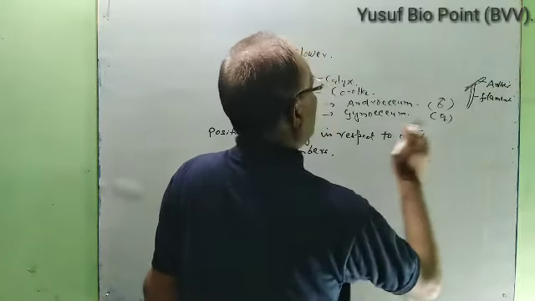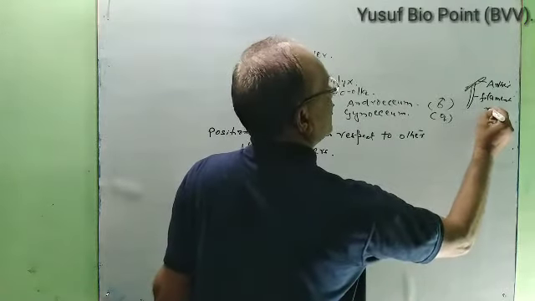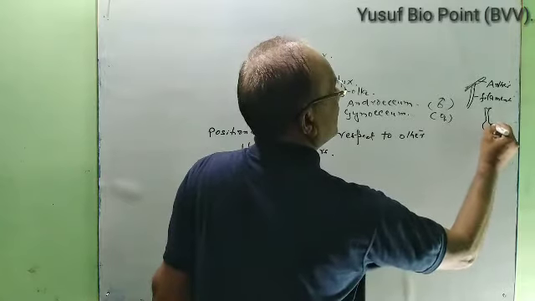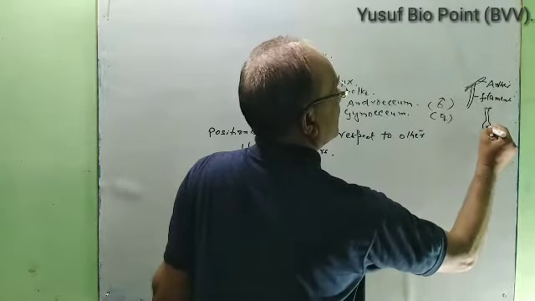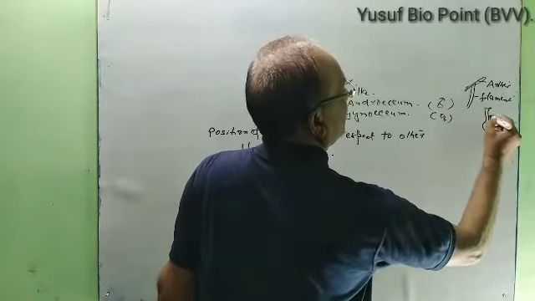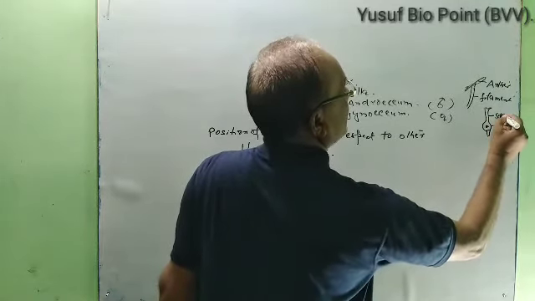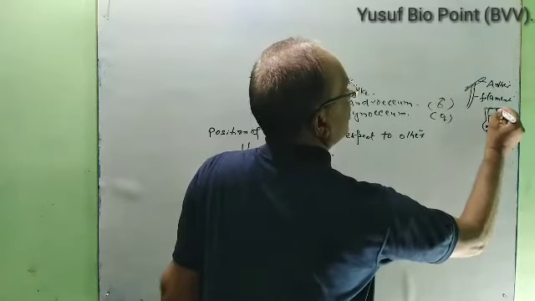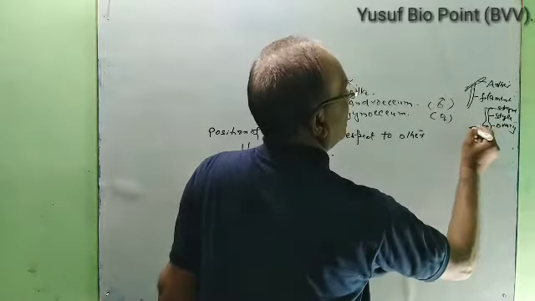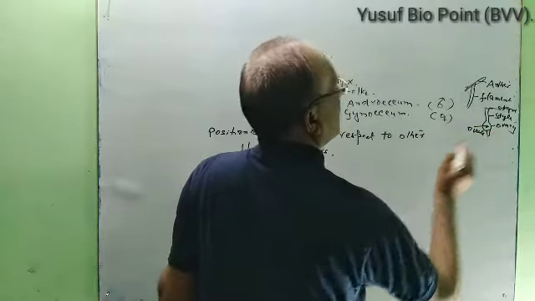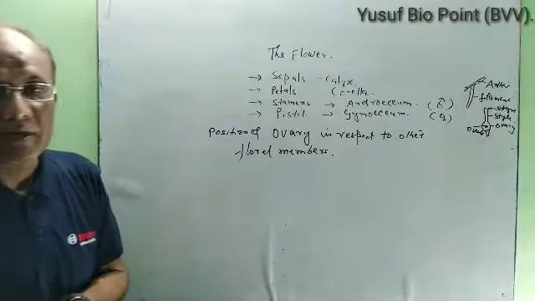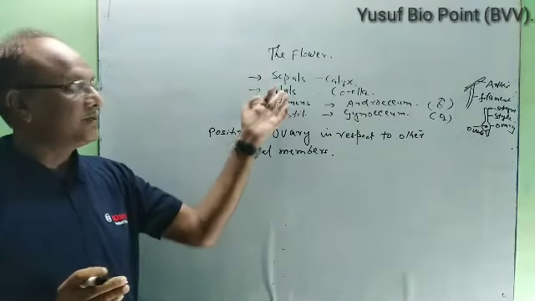And about the gynoecium or pistil, this is the ovary, this is the style, this is the stigma, and this is the ovule. And about calyx and corolla, we have already said about sepals and petals.